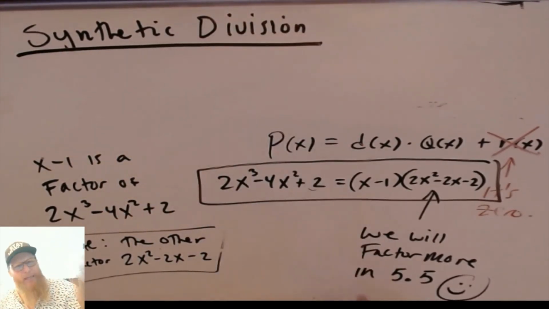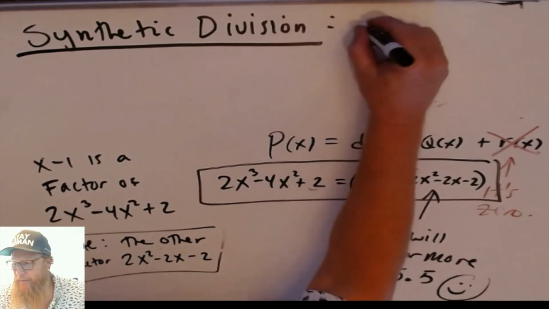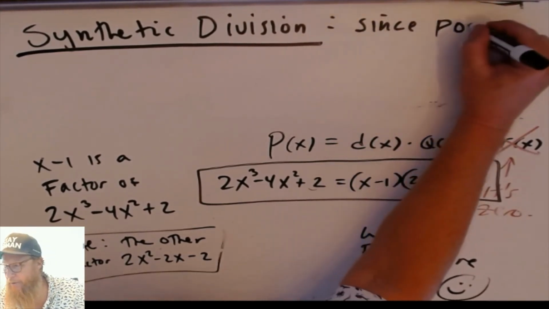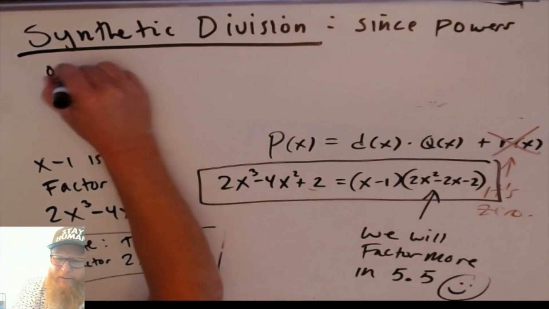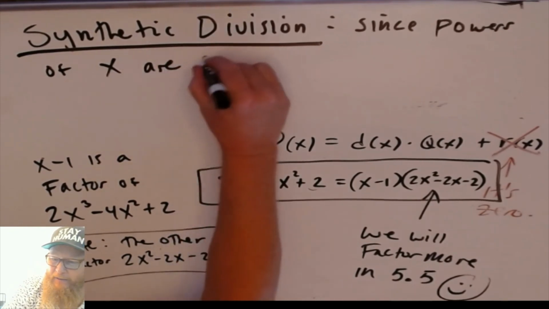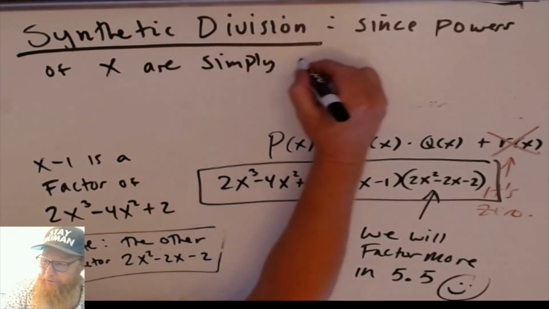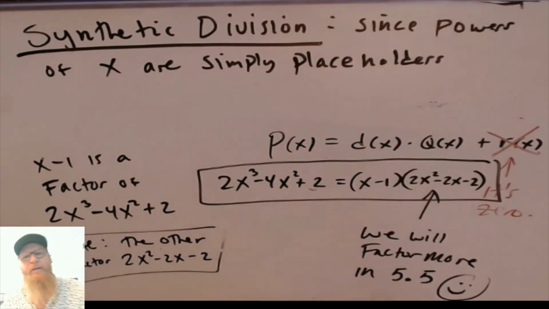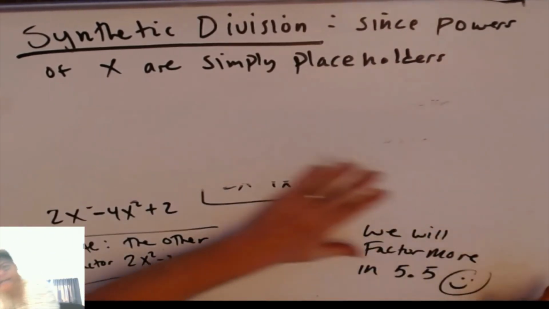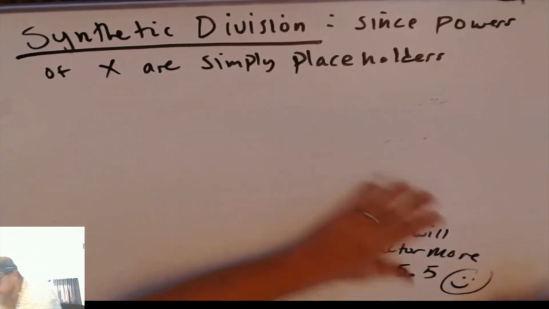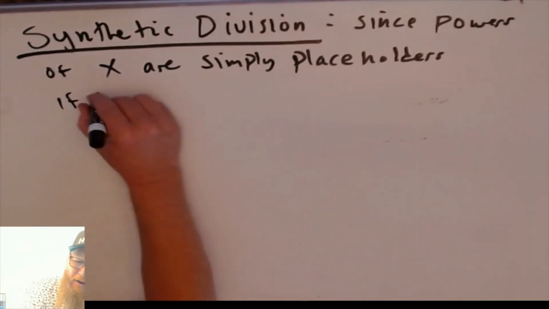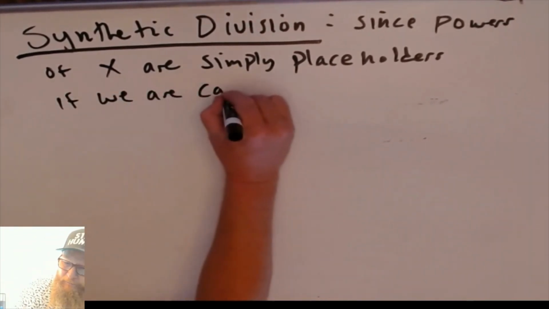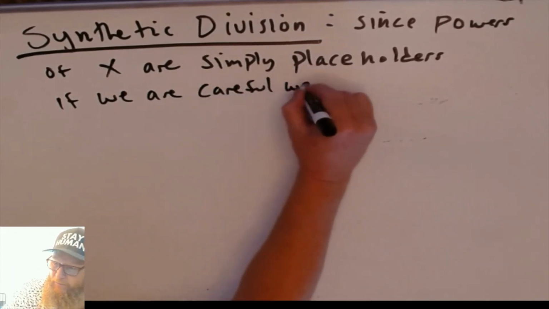It's just a placeholder. Since the powers of x are simply placeholders, or indicators of place value, if we are careful, we can remove them.